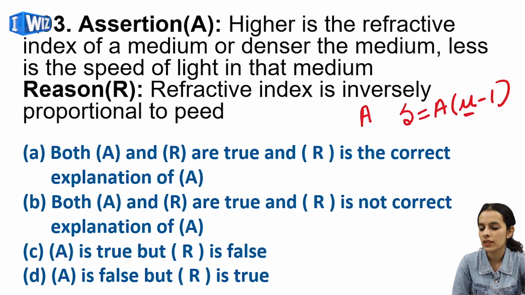So the more the refractive index, the more the deviation. Less the refractive index, less the deviation. So you have to choose: higher the refractive index or denser the medium, less is the speed of light. And also refractive index is inversely proportional to the speed.